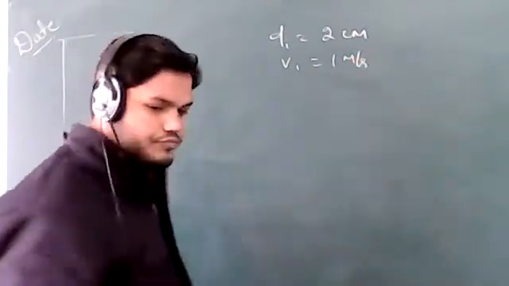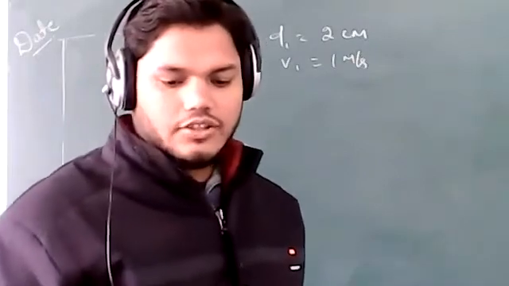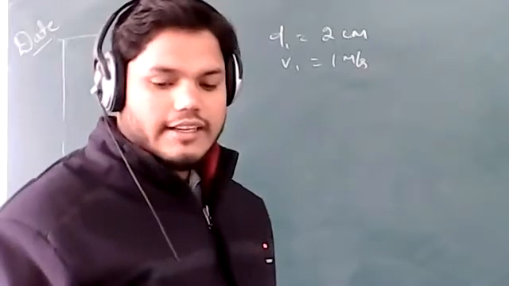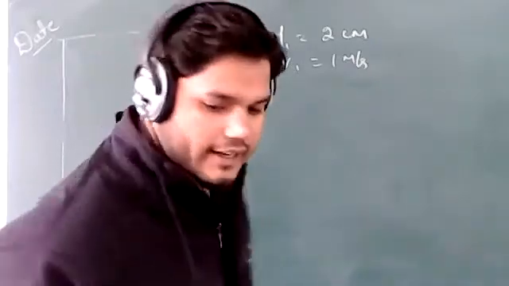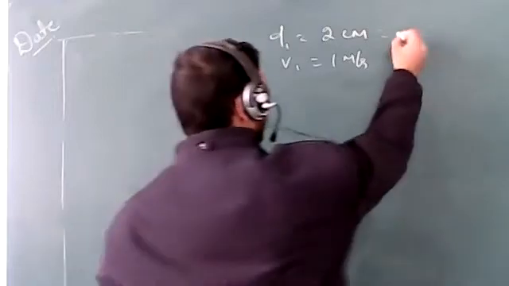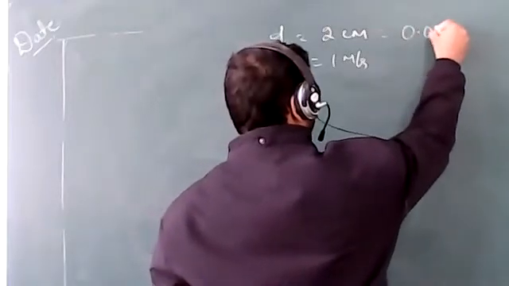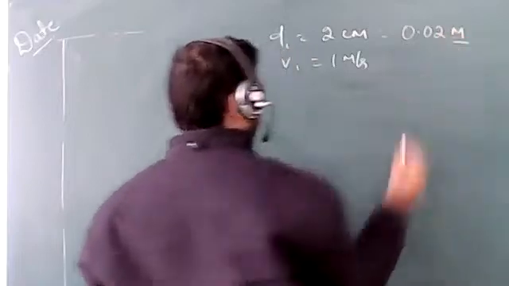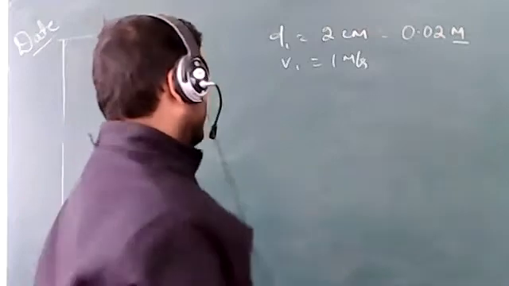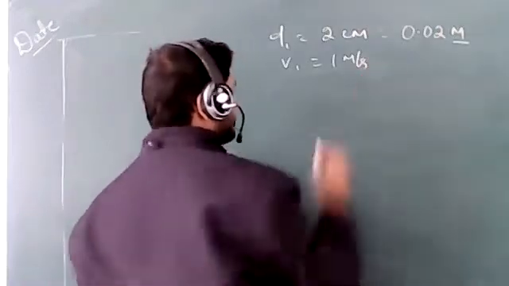D1 is 2 centimeter; if you convert into meter, 2 centimeter divided by 100 is 0.02 meter. v1 is 1 meter per second.